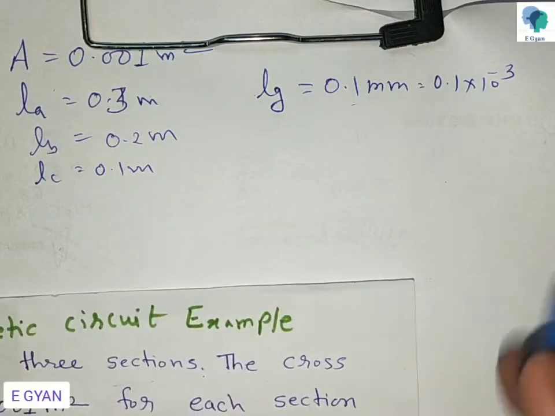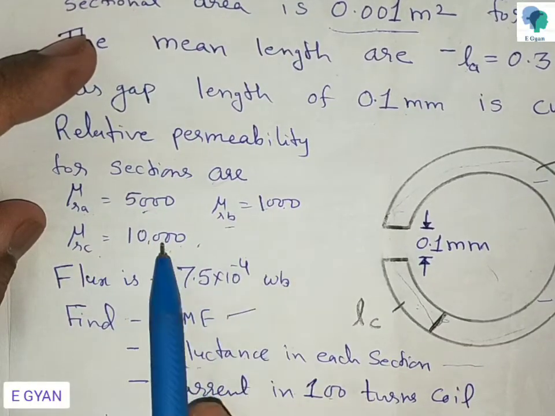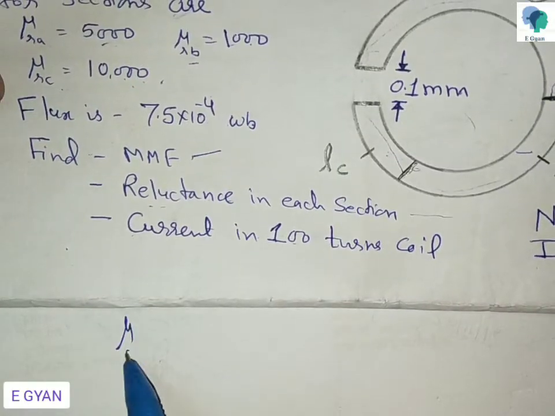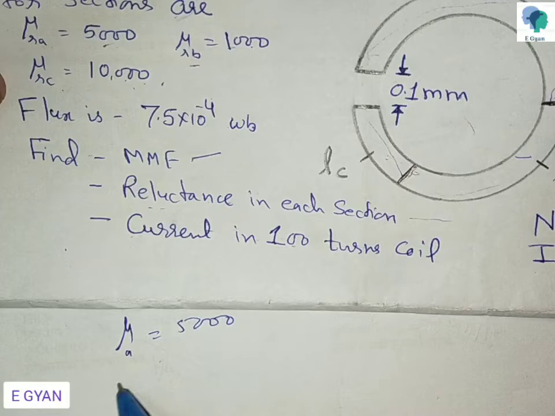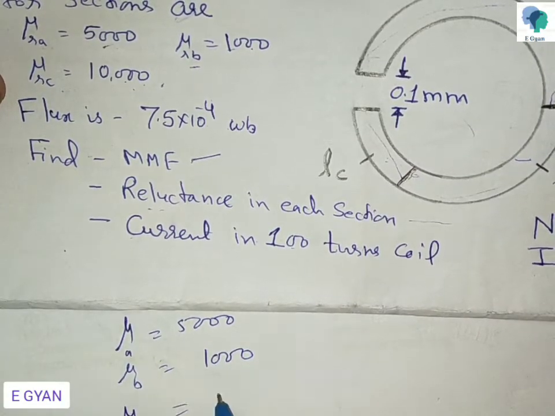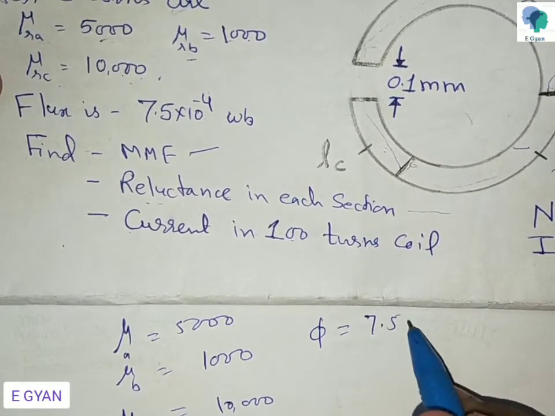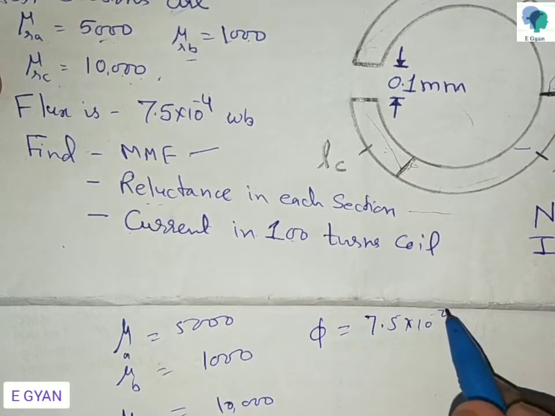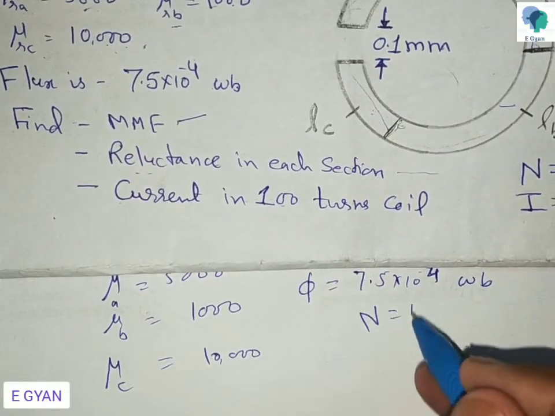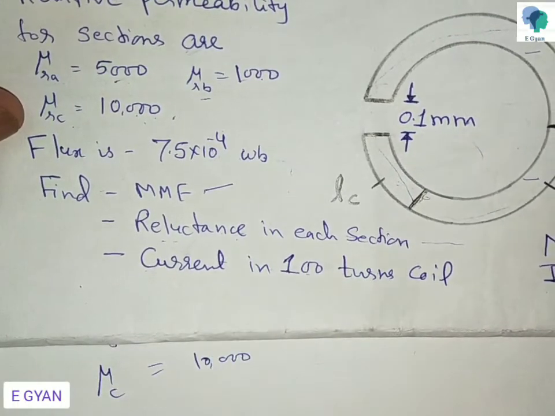One more data given which is about the relative permeabilities for A, B and C, that is mu A is equal to 5000, mu B is equal to 1000 and mu C is equal to 10,000. Also the flux is equal to 7.5 into 10 to the power minus 4 Weber given. Turns is 100. We have to find MMF, reluctance and current.